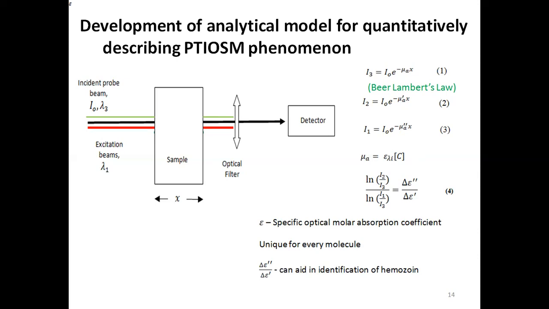Now, manipulating equations 1, 2, and 3 mathematically leads to equation 4, and the right-hand side of equation 4 is a result we are calling the extinction coefficient change ratio, whose value indicates the molecular species present in the sample.